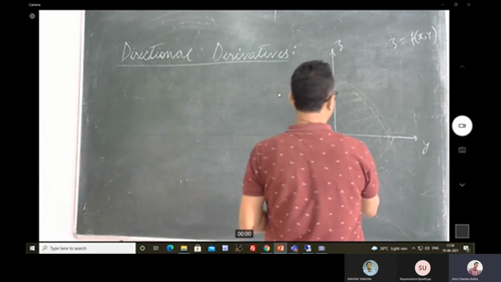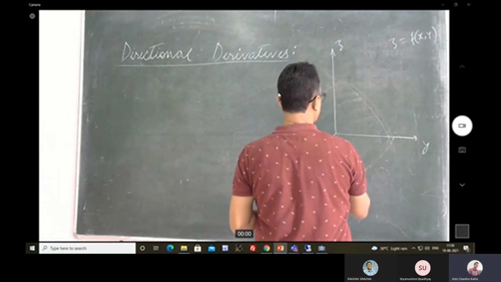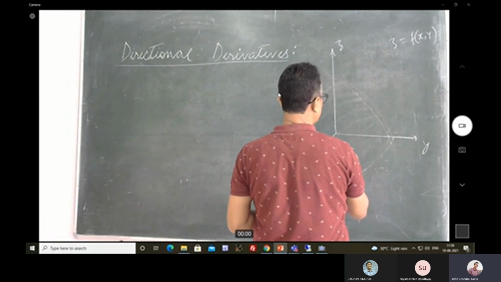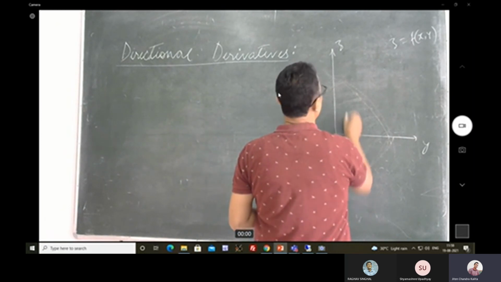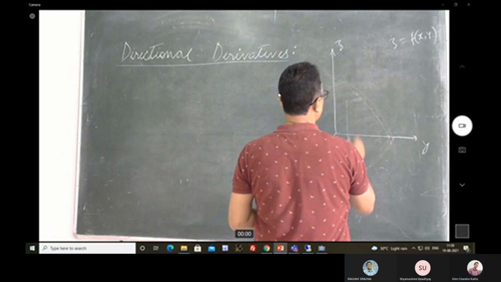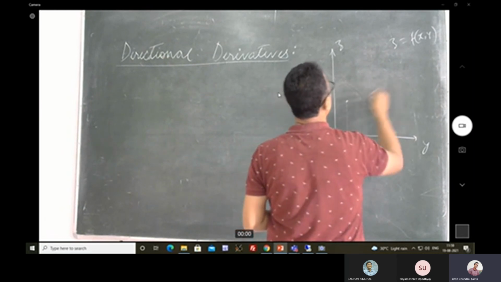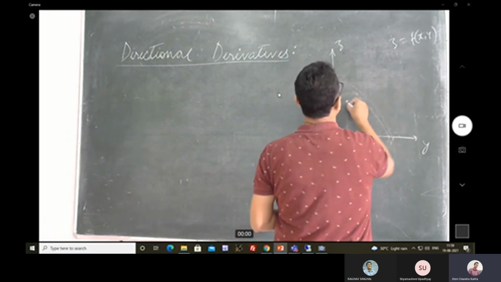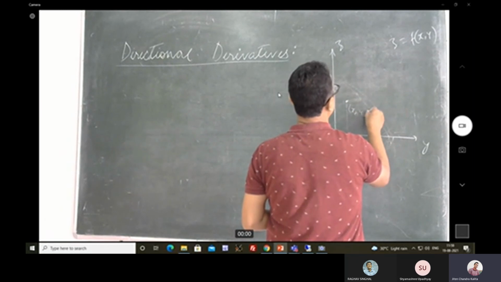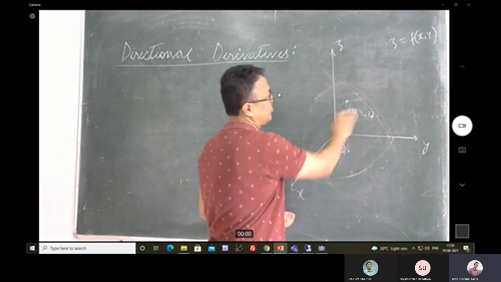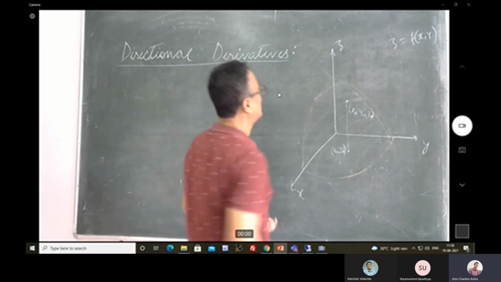So obviously, corresponding to this point, x0, y0, I'm going to have a point x0, y0, z0. This I'm going to erase later on.